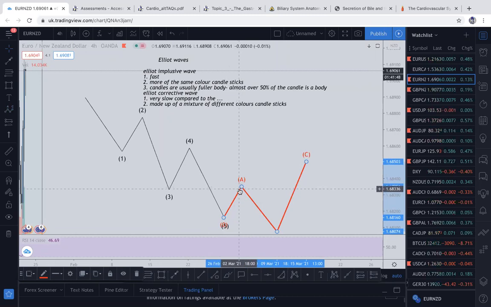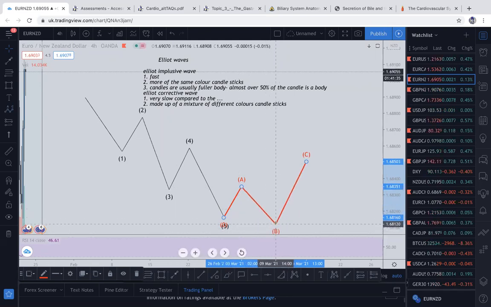Most of the time, this is always going to be less than 50%, as I explained yesterday. From the 5 to the A is always going to be less than 50%. But the movement away from A, which is the B area, is going to be a very strong movement that goes past the A. And this is where we talk about corrective impulses in the market.